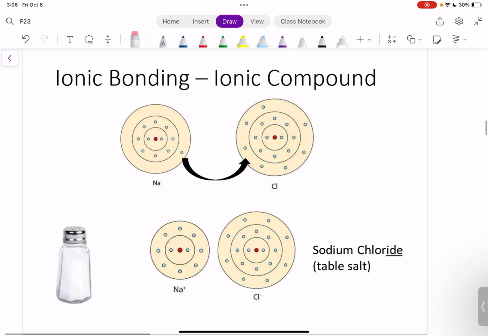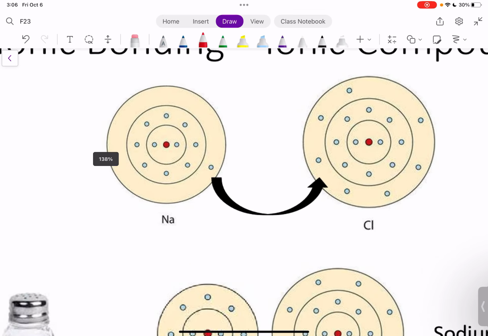Just like, for example, sodium chloride, which is table salt. Sodium chloride is an excellent example of an ionic compound. Let's zoom in a little bit here.